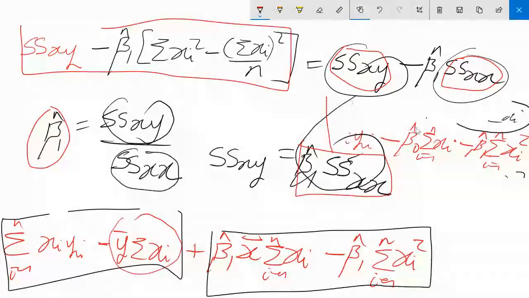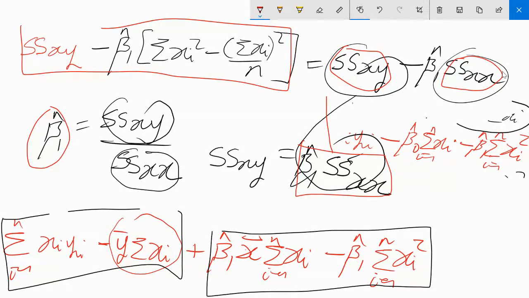There was no need for us to put SSxy as the subject of the formula. No, there was no need. That's why I was saying we are done with this proof if you know that this part is equal to 0. But I don't want to assume that everyone is following.